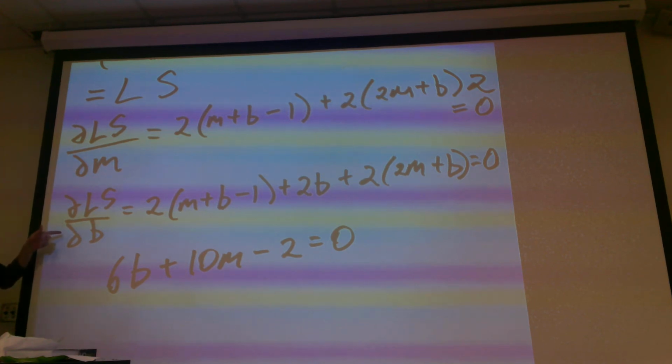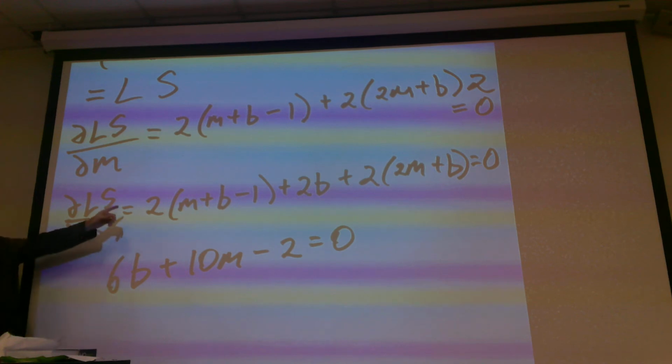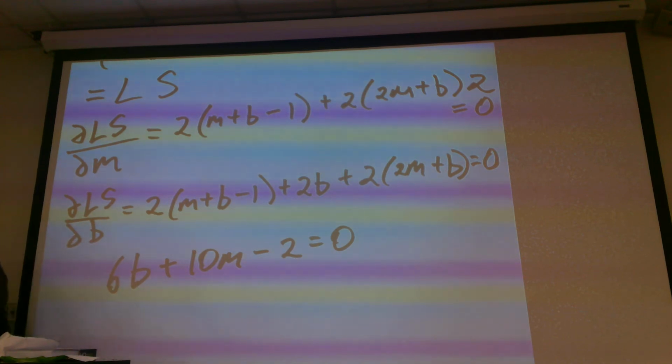Now we look at the partial derivative with respect to b. Let's look at the b's first. We got a 2b from this one, a 2b from that one, and a 2b from the other one, so that's 6b.